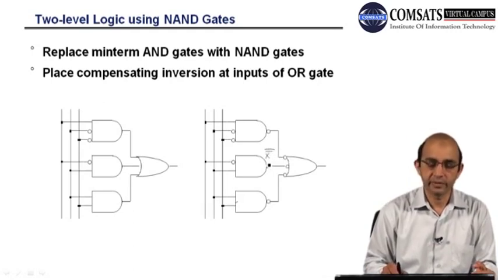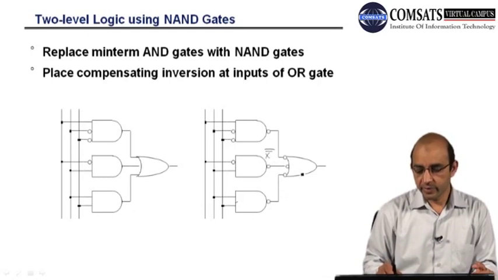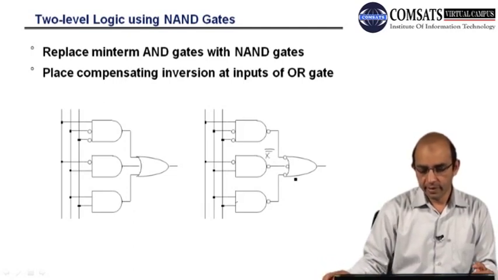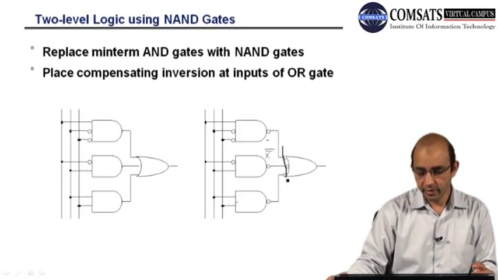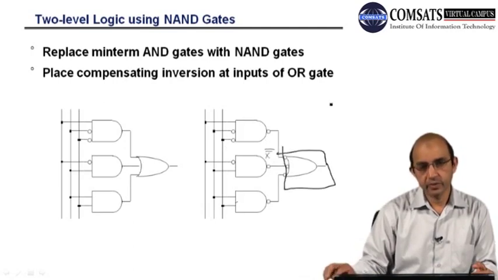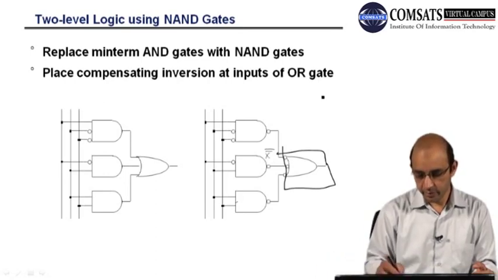So they will cancel out. Similarly we have two bubbles here, they will cancel out. And what will we get? You can see, what is this? We all know. So let me draw this.